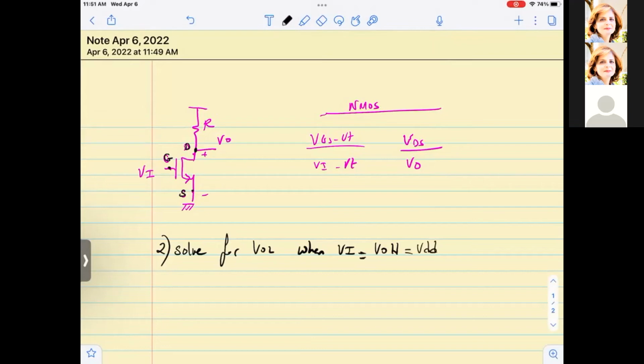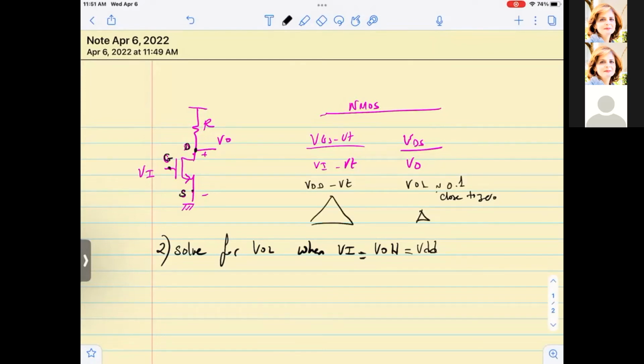So this means that here I have VGS minus VT equal VDD minus VT, and VO equal to VOL, which is close to 0, but not 0, but it is close enough. Let us say 0.1. So our guess is that this is a small output and the input is VDD, so this is large.